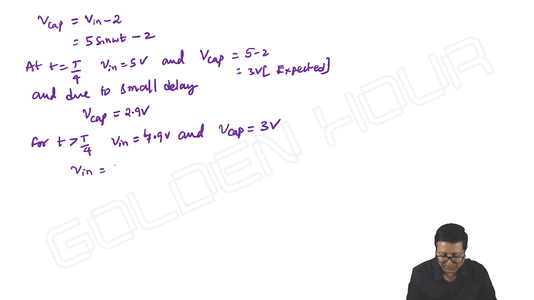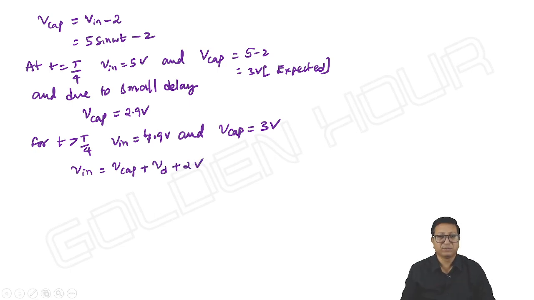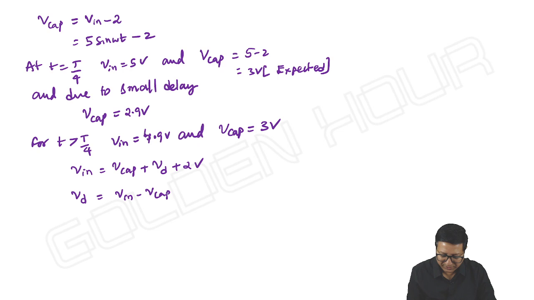V input is equal to voltage across the capacitor plus VD plus 2 volts. Then what is VD? It is V in minus V capacitor minus 2. So V input is 4.9 and V capacitor is 3, minus 2. It is equal to minus 0.1 volt.